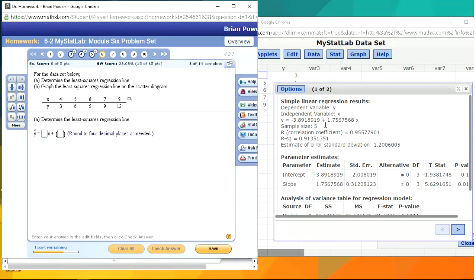I'm going to type it in because I can see it. It's 1.7568 is the slope, and the intercept is a negative number, negative 3.8919. Okay, 4 decimal places. I rounded that up. Great.